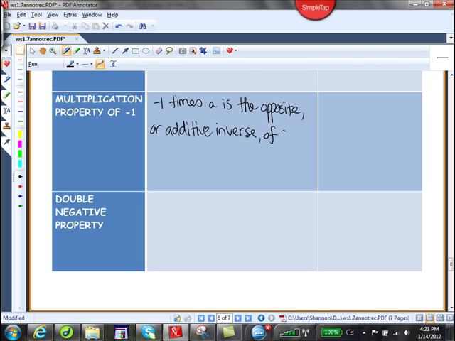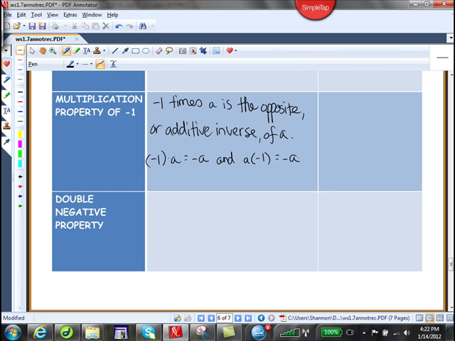So negative 1 times a equals negative a, and a times negative 1 equals negative a.